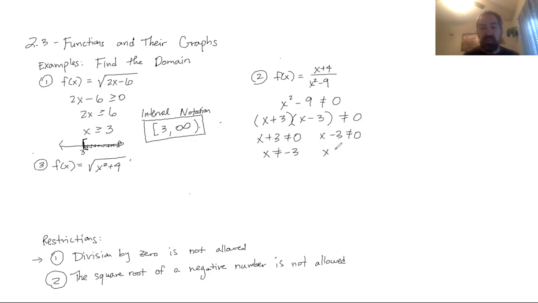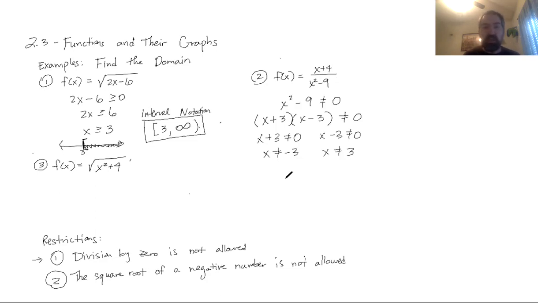And we find that x cannot equal -3, x cannot equal positive 3, because if you were to plug in -3 or positive 3 into this function, you would get 0 in the denominator. And we cannot divide by 0, so that means -3 and 3 are not in the domain, but everything else is.